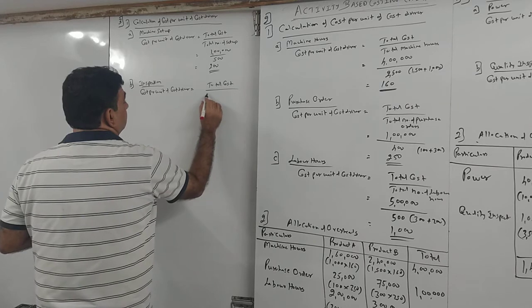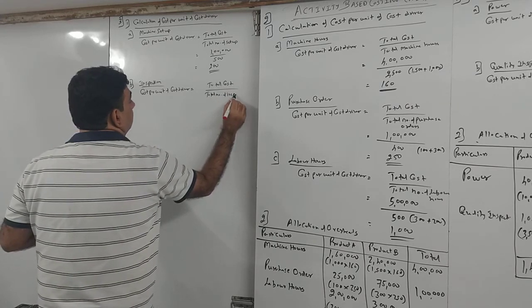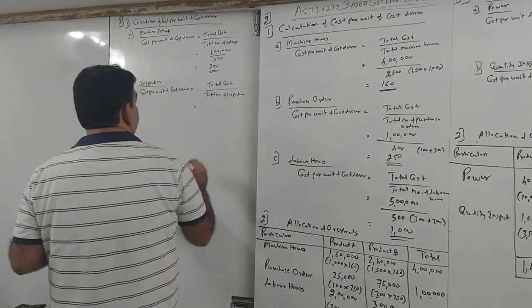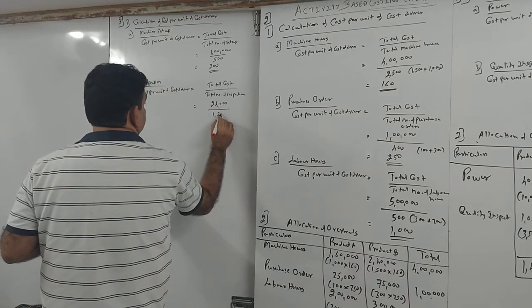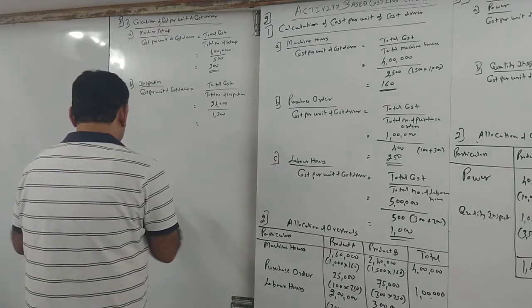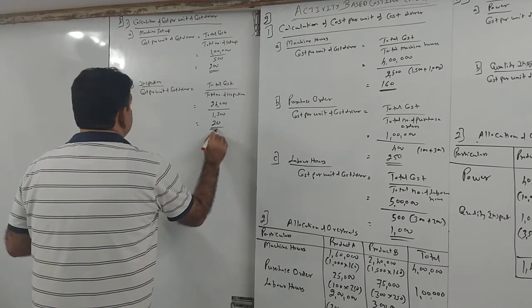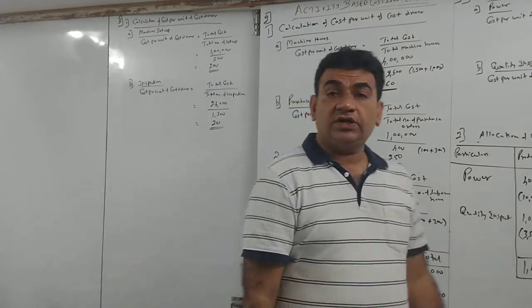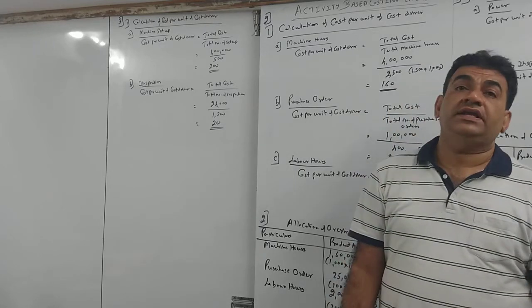Total cost upon total number of inspection. 24,000 divided by 1200. 24,000 divided by 1200, that will give me 20. So see, machine setup cost per unit 200 and inspection cost 20 rupees per inspection.